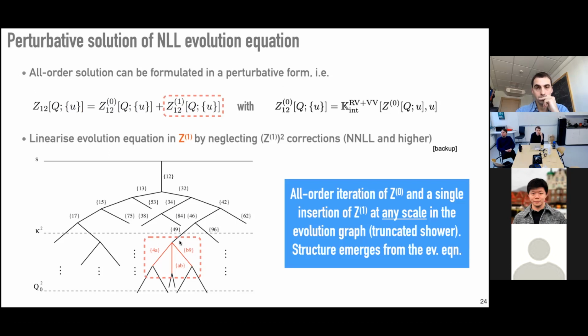You can have emissions which you have to resum, because they have soft divergence, and you will also get emissions which don't have soft divergence, or have a slightly less strong divergence.